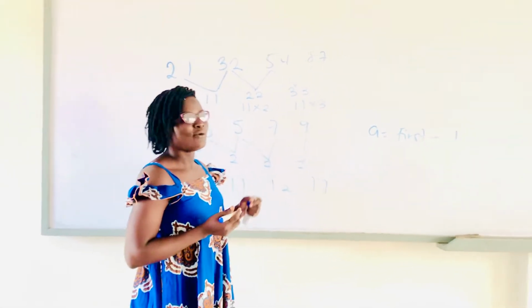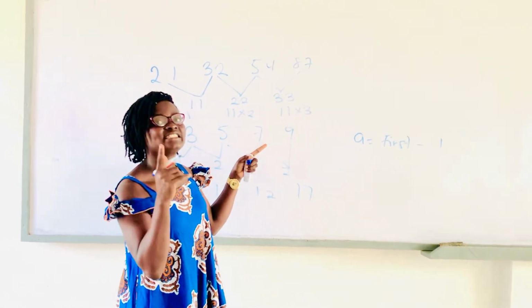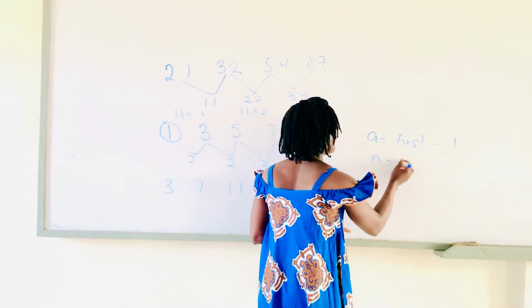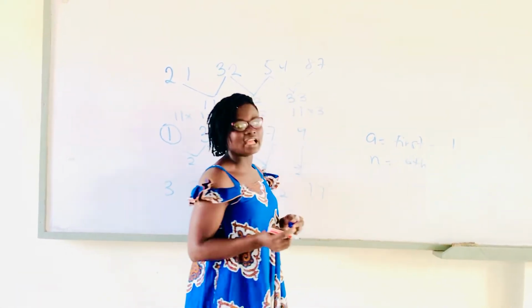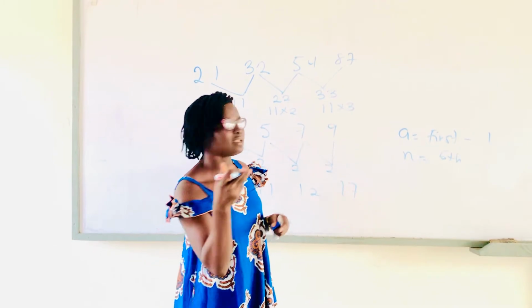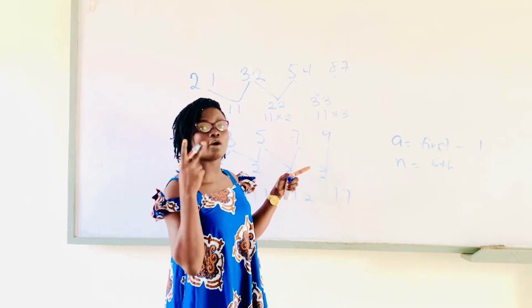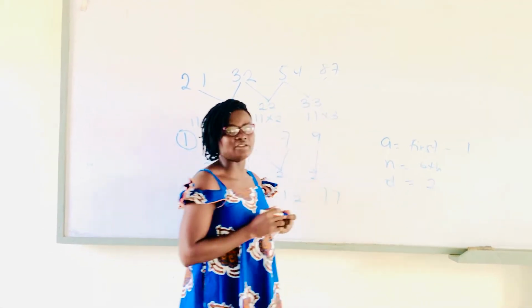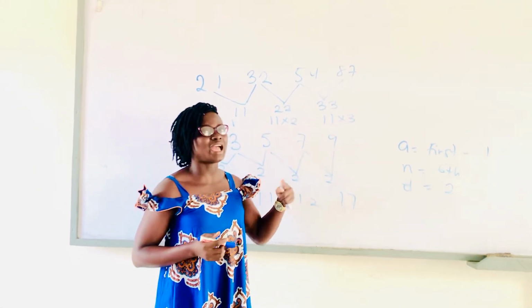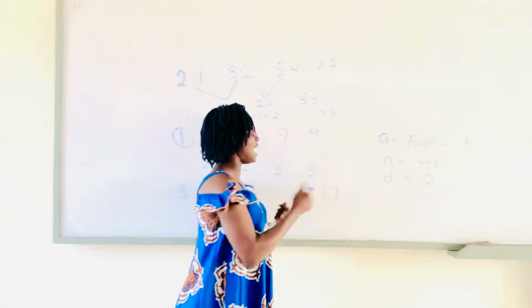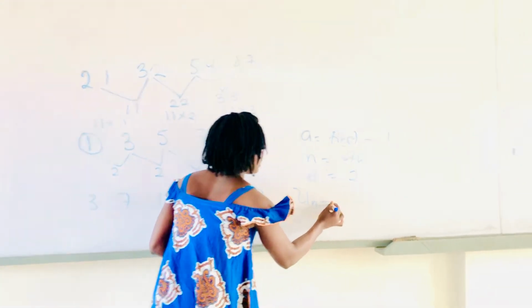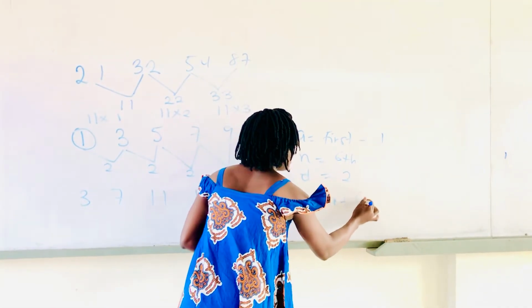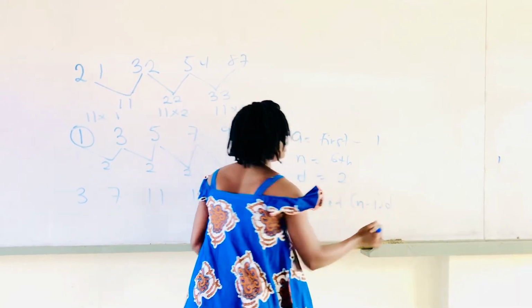Then we have to find the sixth term, so n becomes 6. Then we have a constant difference of 2, which is d. So we can use it to generate a formula as nth term equals a plus (n minus 1)d.